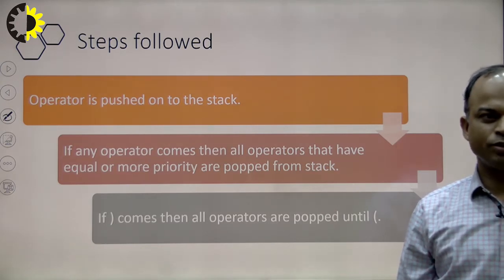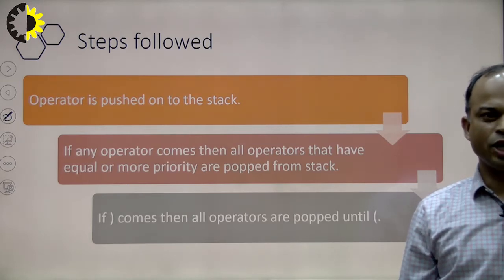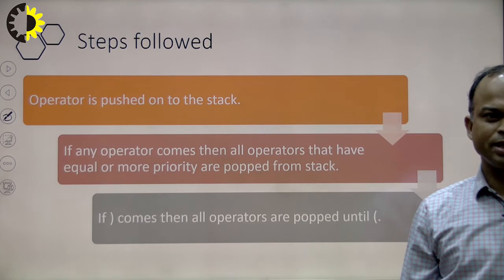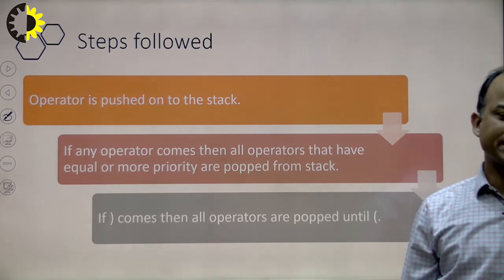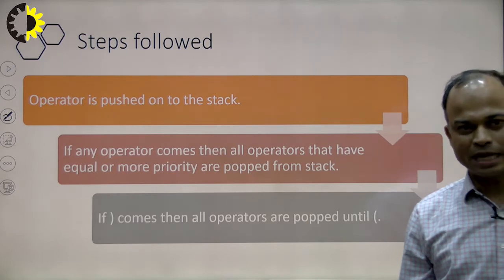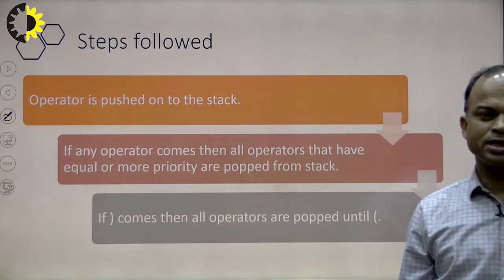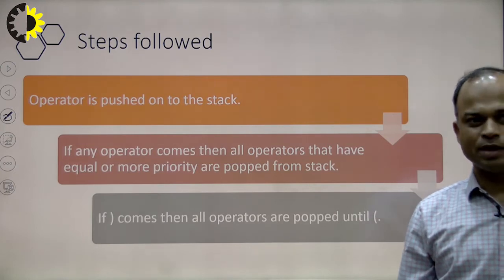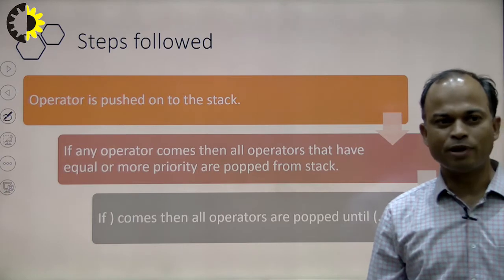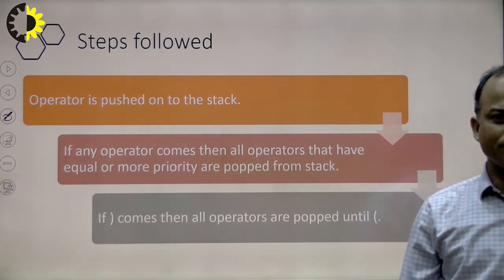Step number 2: if any operator comes, then all operators that have equal or more priority are popped from the stack.